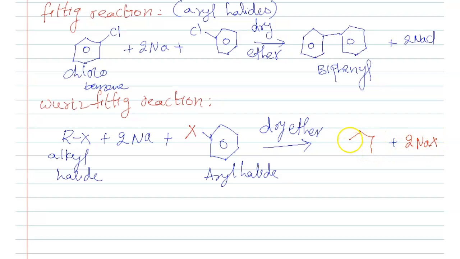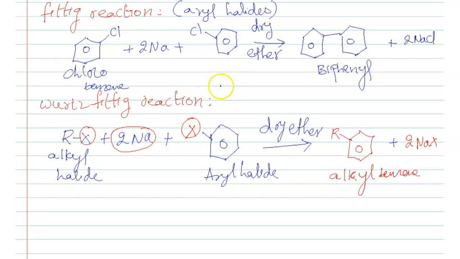Then on benzene one alkyl group is attached. That is alkyl benzene. So is it okay, students? One X and this X, 2Na gives 2NaX. Then alkyl group is attached to benzene ring.